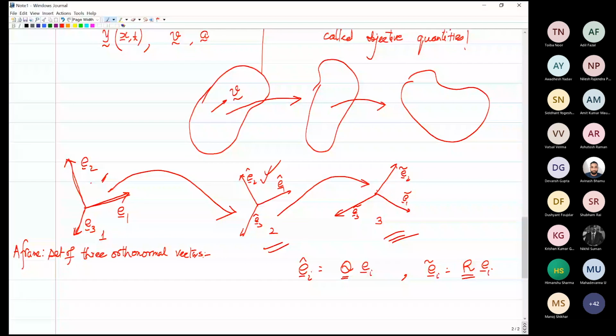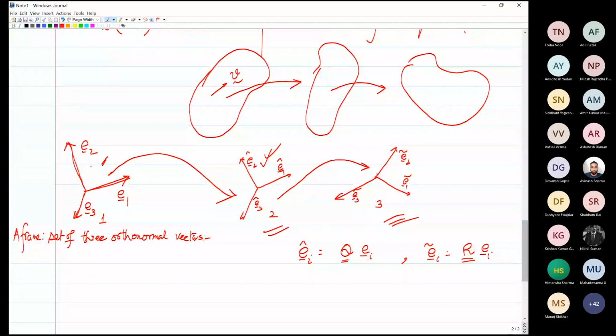And they will be related using this same Q. For example, a vector V expressed in the hat coordinate system, and the same vector V expressed in the coordinate system without hat, do you know how they will be related to each other?